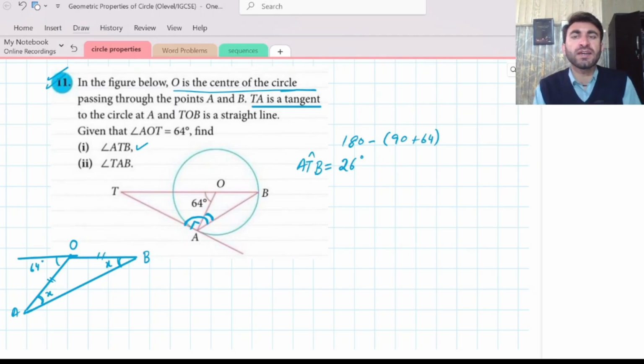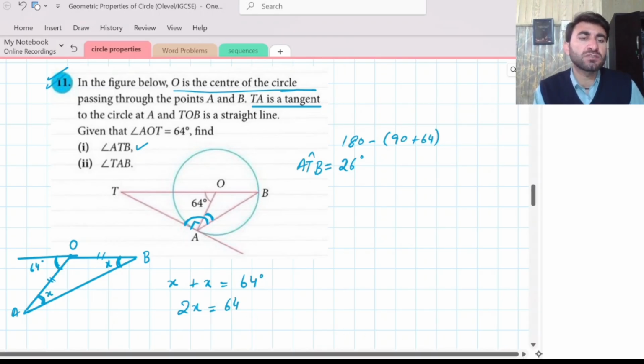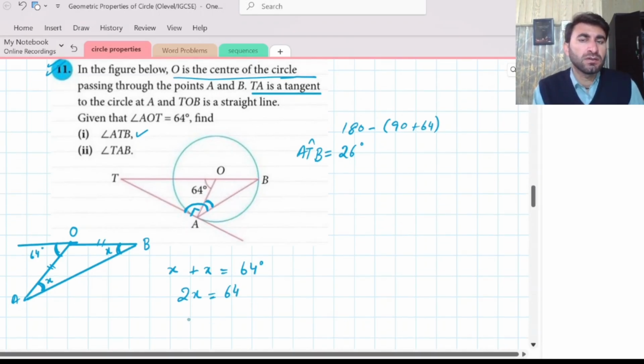So in order to find this angle x, we can use the triangle property that the exterior angle of a triangle equals the sum of the opposite interior angles. Like we see the exterior angle over here, it is 64 degrees, and it shall equal the sum of the opposite interior angles, and both are x. So it will become x plus x equal to 64 degrees, and we know that if 2x equals 64, then x must be half of 64, which is 32.